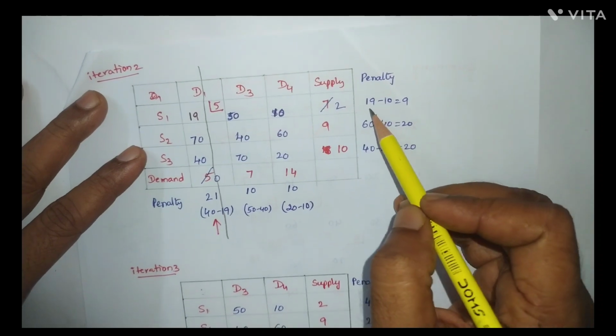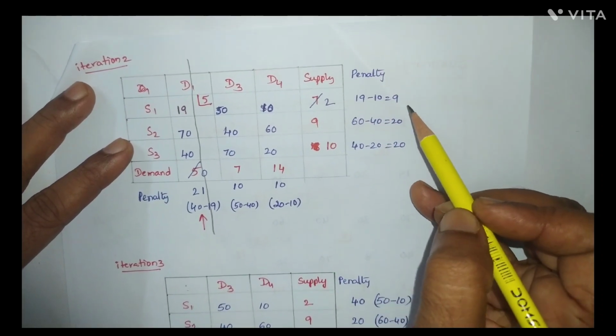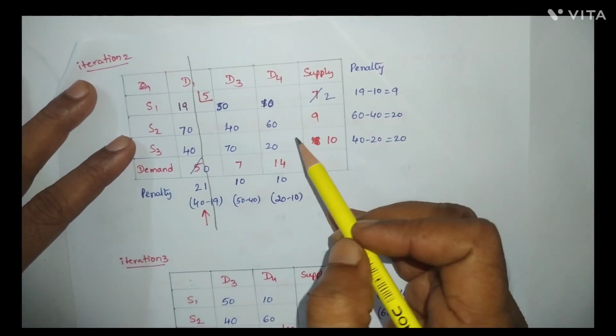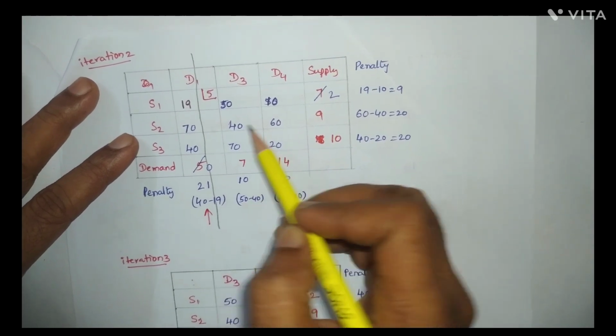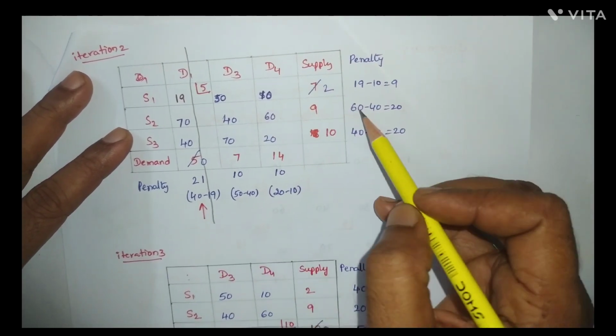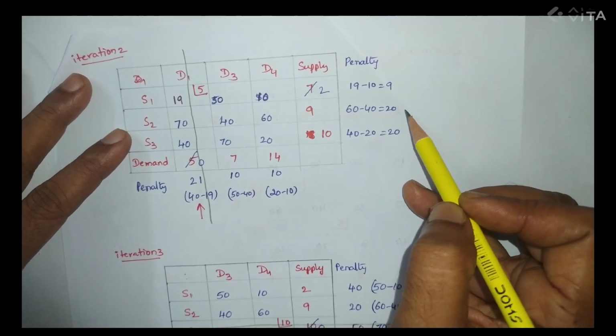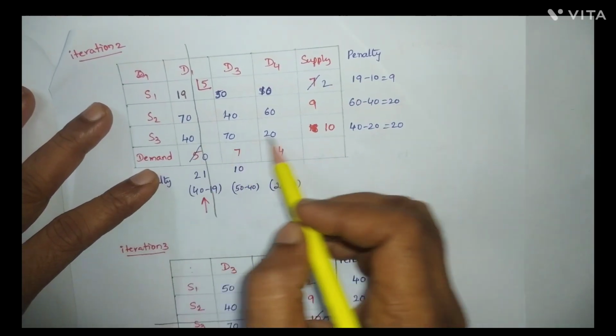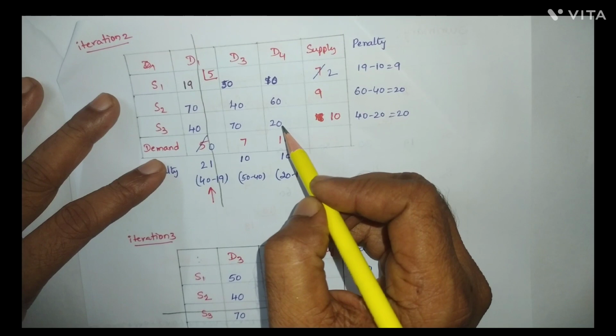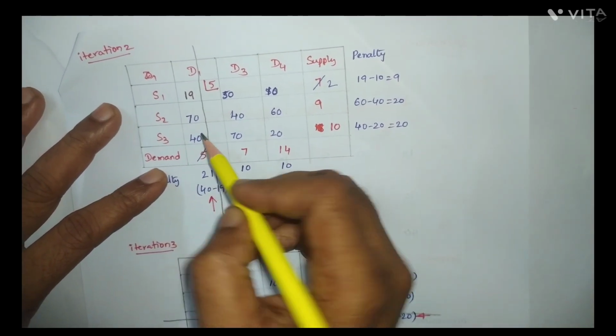In the second row, the first minimum is 40, the next minimum is 60. 60 minus 40 equals 20. In the third row, the first minimum is 20, the next minimum is 40. 40 minus 20 equals 20.